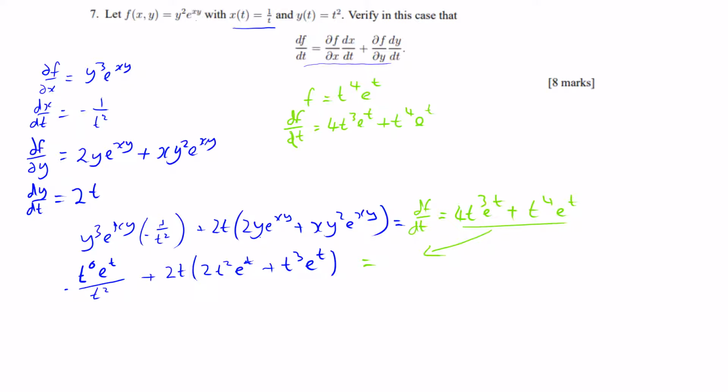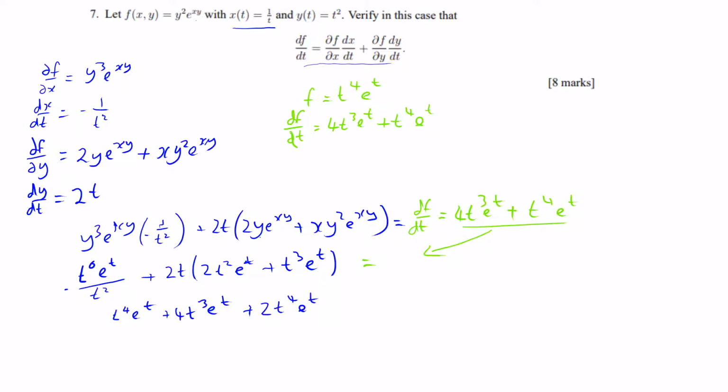Tidying this up a little bit further, this gives us negative t to the 4 e to the t plus 4t cubed e to the t plus 2t to the 4 e to the t.